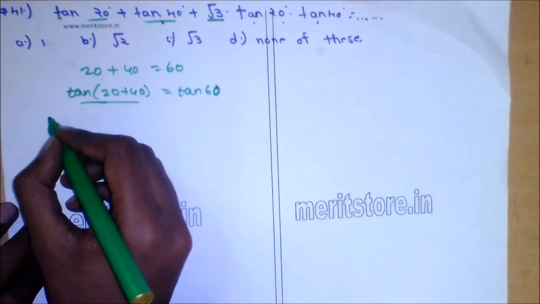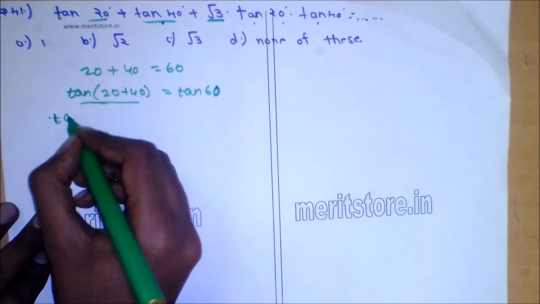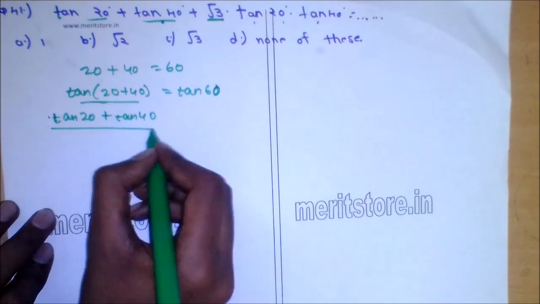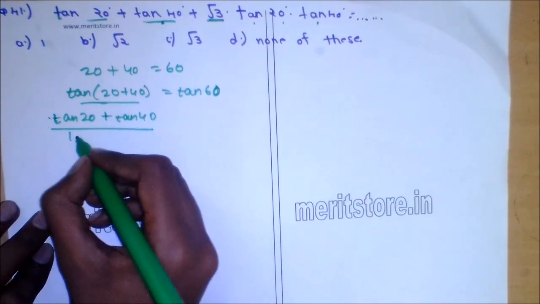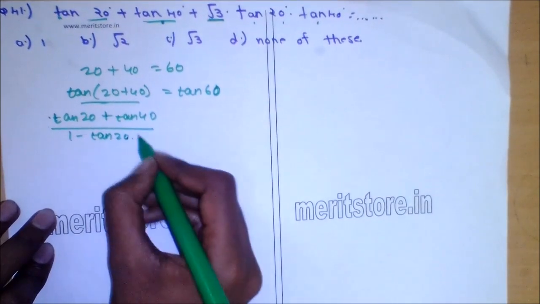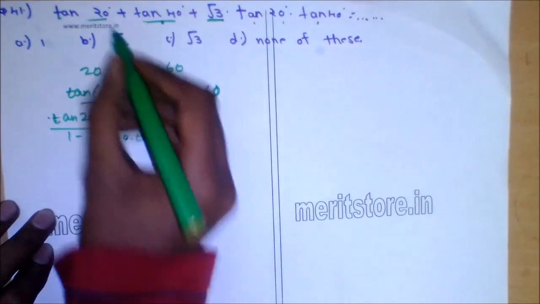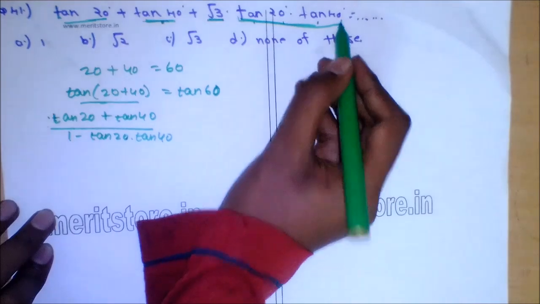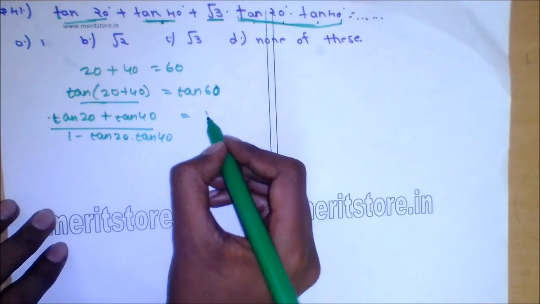So we expand this. This is tan 20 plus tan 40 upon 1 minus tan 20 tan 40.